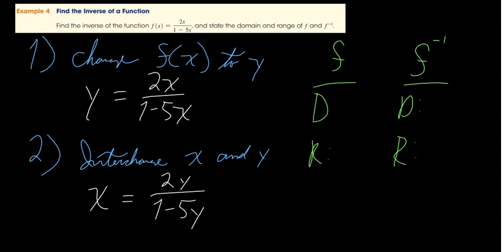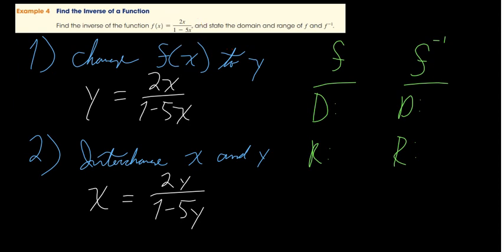Well, we know how to find the domains pretty easily, right? Let's just look at f of x. The domain is going to be every single number except for what makes the denominator equal to 0. It looks like it'd be 1/5, right? 5 times a fifth is equal to 1, and 1 minus 1 is 0.